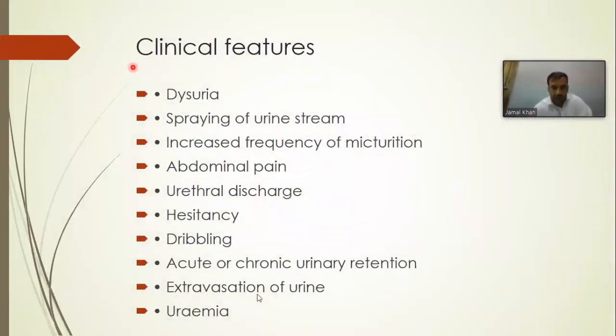Now we come to the clinical features. Clinical features include dysuria, spraying of urine stream, increased frequency of micturition, abdominal pain, urethral discharge, hesitancy, dribbling, acute or chronic urinary retention, extravasation of urine, and uremia.